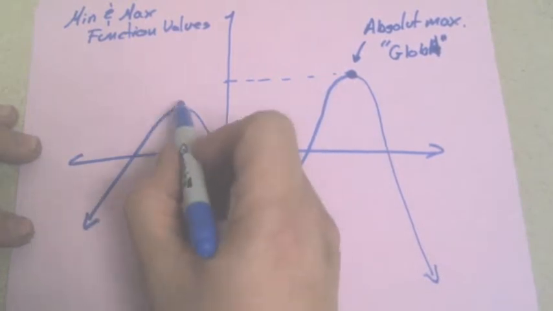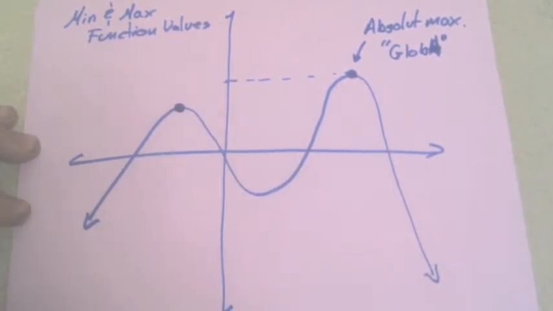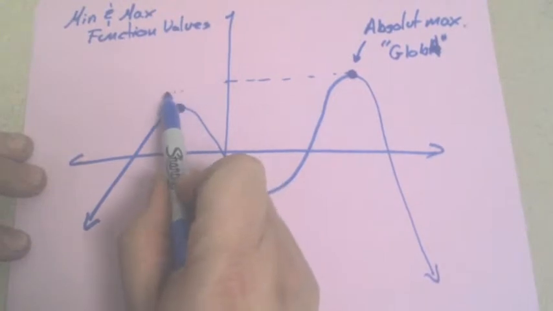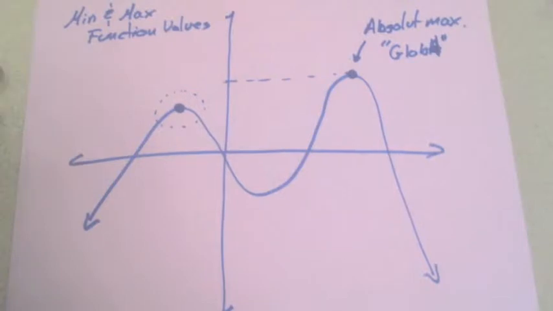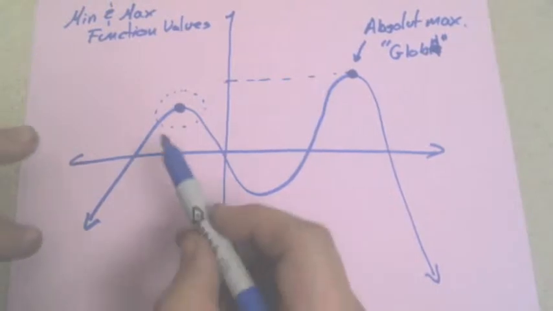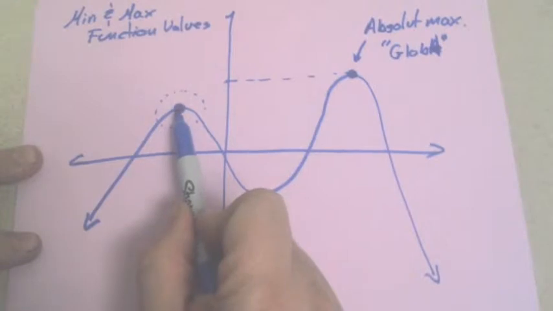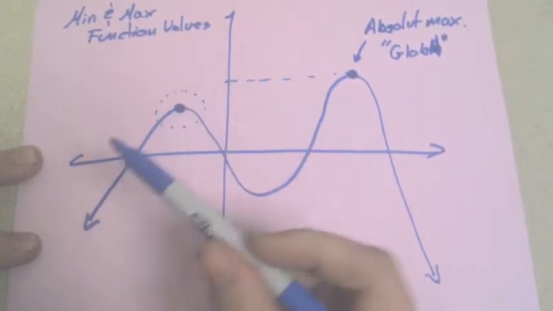Now, this point over here is certainly not the maximum value of the graph anywhere, but notice it is the highest point in a little relative area around it. So it's not the biggest person anywhere, but it's the biggest person in that room. So this isn't a global maximum or an absolute maximum, but it is a maximum for a little neighborhood around it.